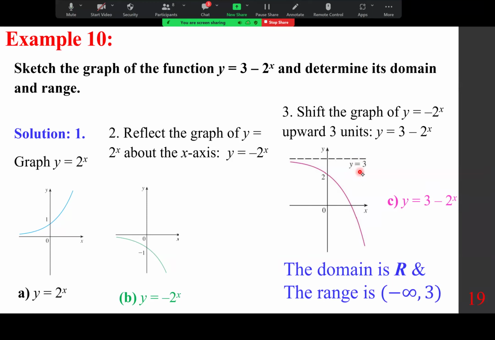Pretty straightforward. This is your horizontal asymptote.